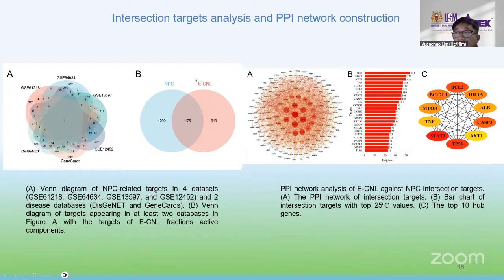Then we use the protein-protein interaction network to determine which proteins occupy the central position within the network. As you can see here, these are the top 10 hub genes that have been identified. These hub genes are likely to play a critical role in nasopharyngeal carcinoma progression and therefore represent promising therapeutic targets for future validation.